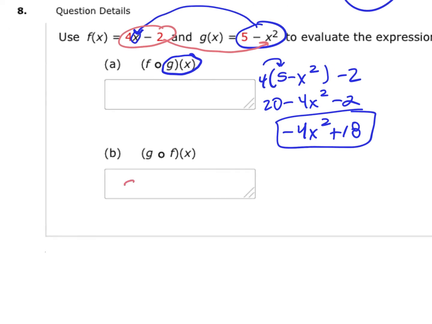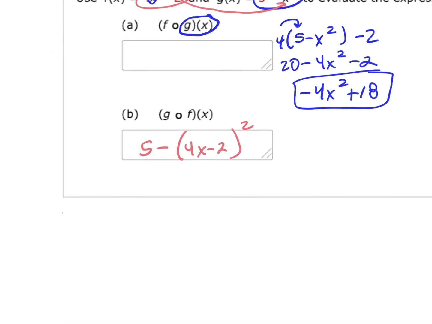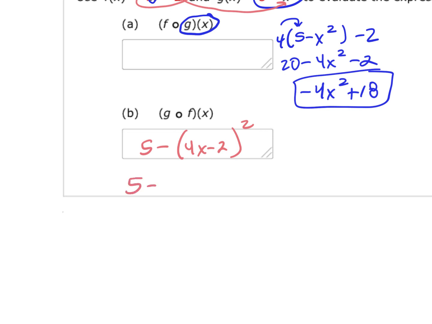So I have 5 minus, instead of x, 4x minus 2, and then what do I have to finish it off with? The squared part. Good. So as we go through to simplify, 5 minus 4x minus 2 times 4x minus 2. Everybody agreed?